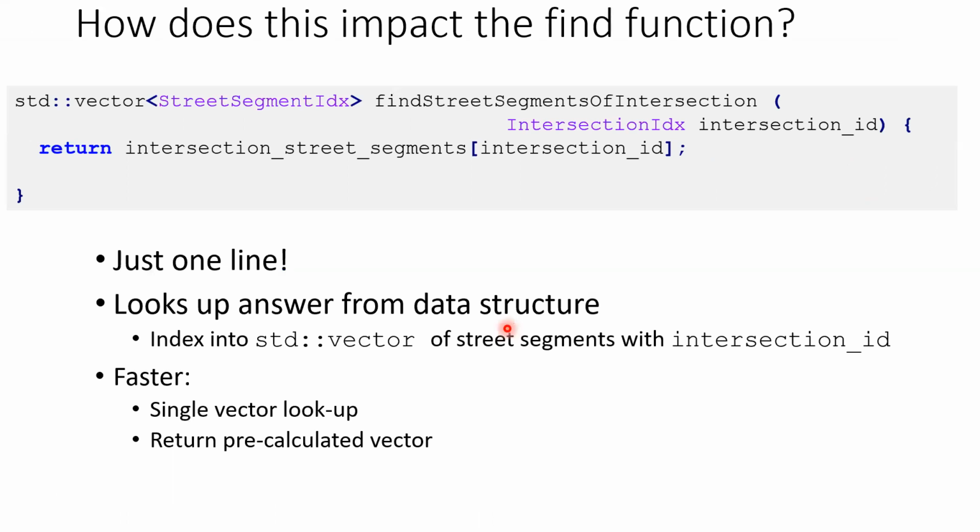Then if you just write the actual function itself, go into the global variable, index using the intersection ID, and it will return the vector of street segment indices as required. And the lookup time for this is O(1) with a single memory access.